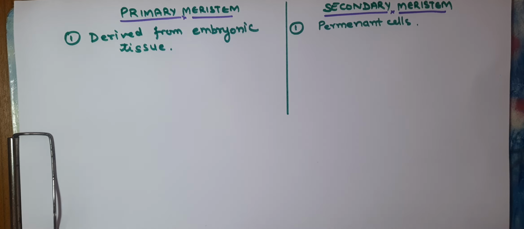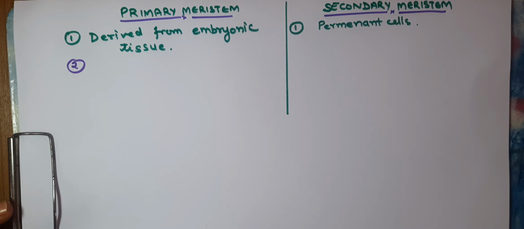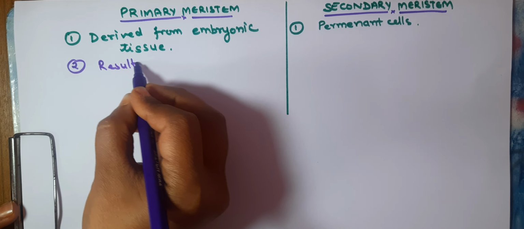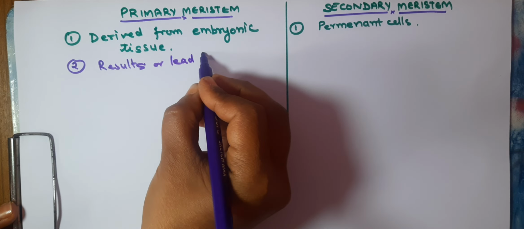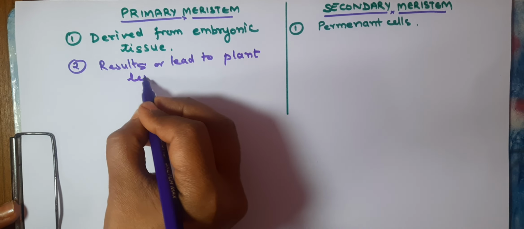The second difference is that the primary meristem plays a role in plant length growth.